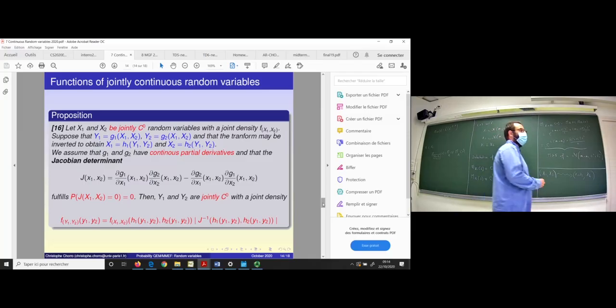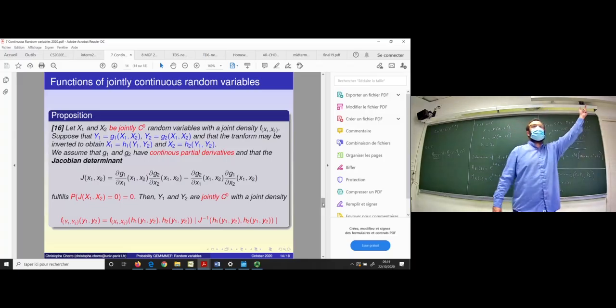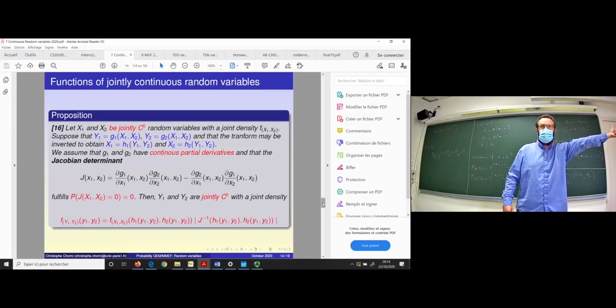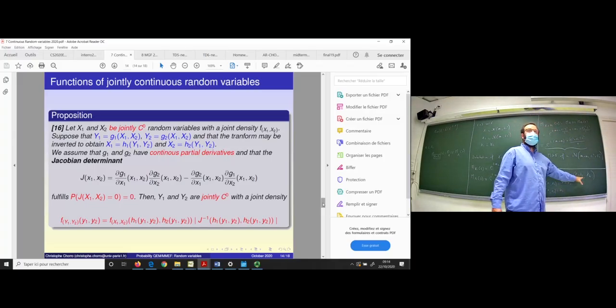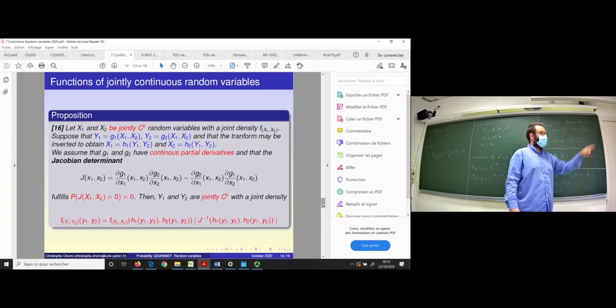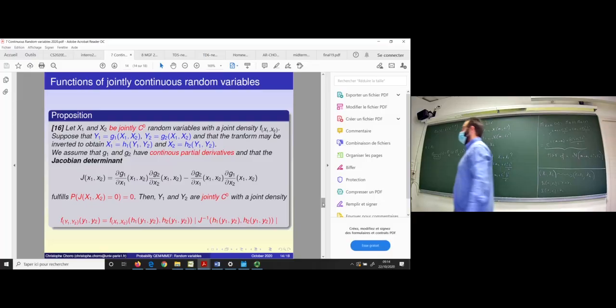So at home, you can try to apply this transform here. So you have, with my notation, g1 of x1, x2 equal to x1 plus x2, and g2 of x1, x2 equal to x2. You can try to apply this in order to obtain the joint density of the pair by proposition 16.